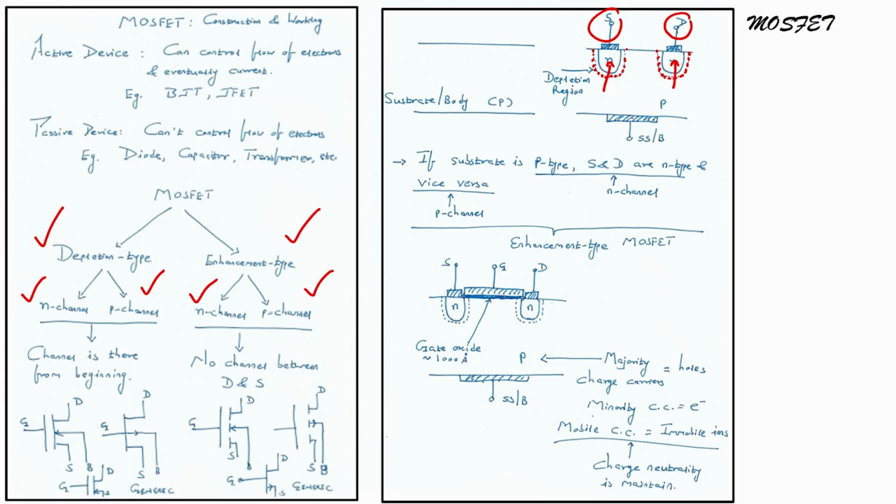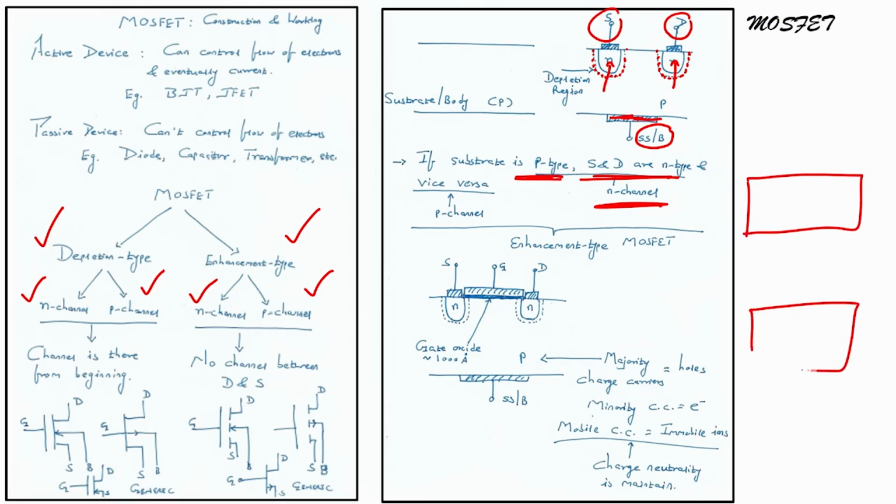And you can see here there is a connection for the base, or the substrate, connection for source, connection for drain. Now, if the substrate is p type and source and drain are n type, then this is n channel, and if the substrate is n type, source and drain are of p type. What does it mean? If my silicon is p type, then my source and my drain both are n type.